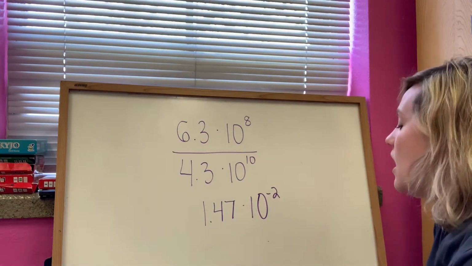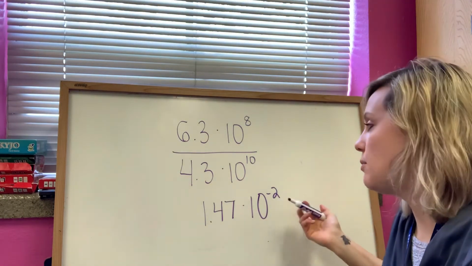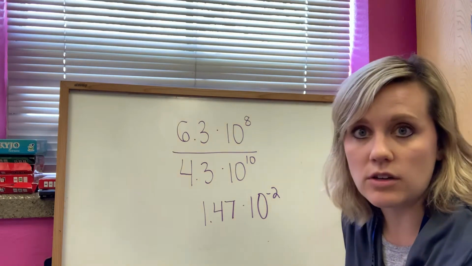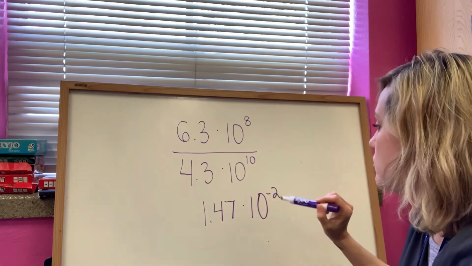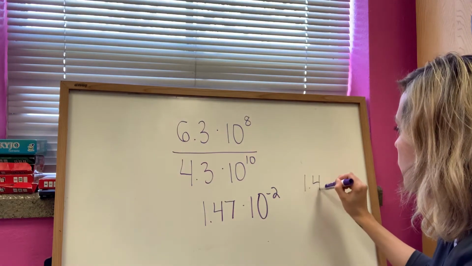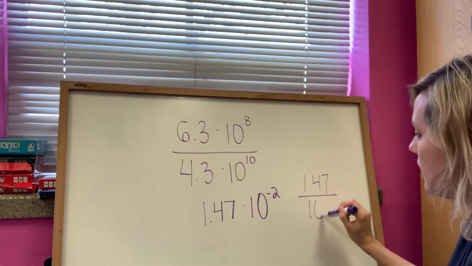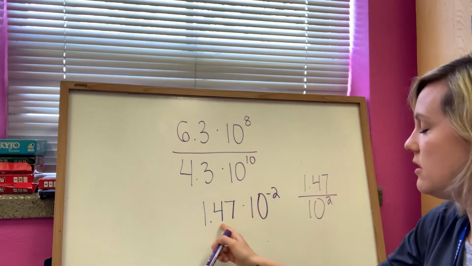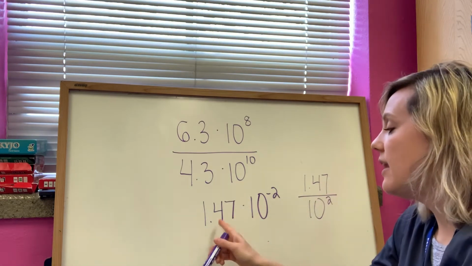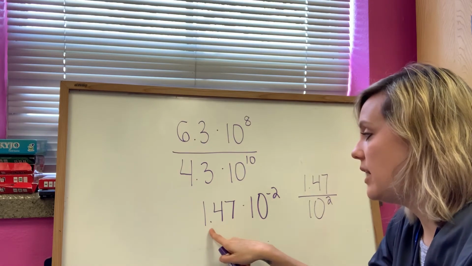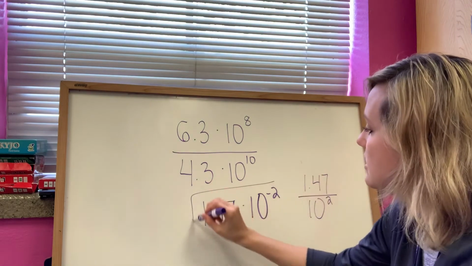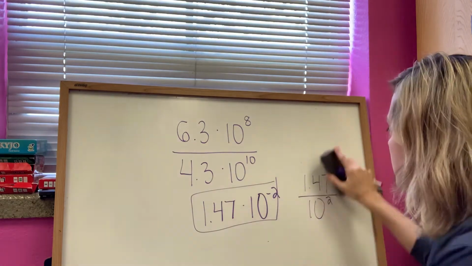Okay, and unlike the exponent properties, it's okay to do scientific notation with negative exponents. Usually we don't. Usually we would do 1.47 and then divide it by a positive exponent, but in scientific notation, it's okay. So the last thing we need to double check is make sure this number is in between 1 and 9.9, and it is, so this is our answer, okay?